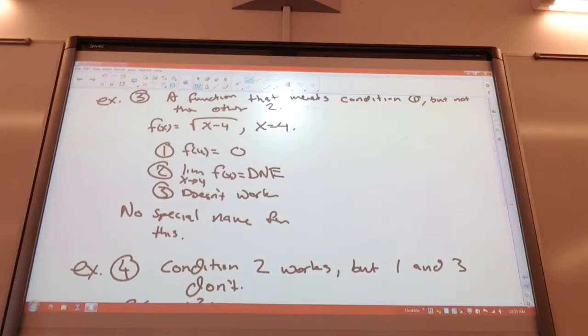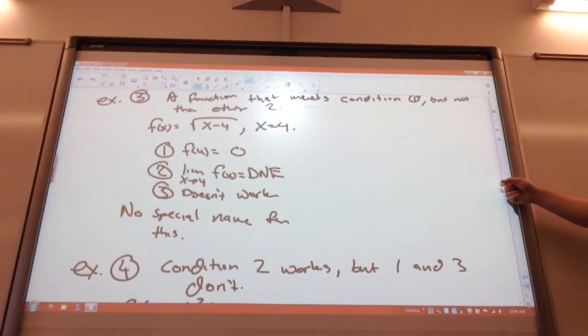No graph out there. The limit doesn't exist because it can't approach from both directions? Yep. I can approach from the right all day long, get 0. But from the left, there's nothing out there, so there's nowhere for me to approach from. This thing literally just drops off right here, and then that's it. Any questions how that works? Okay. All right.